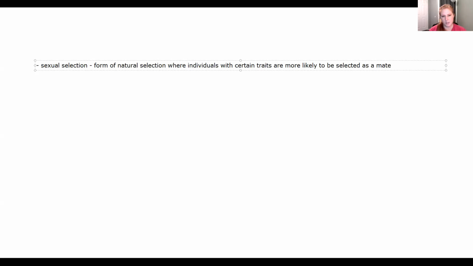So sexual selection is interesting because it's usually, but not always, but usually, it's the female that drives sexual selection. In other words, it's usually the female's choice as to who she chooses for a mate.